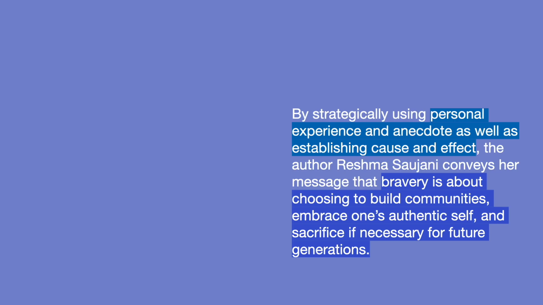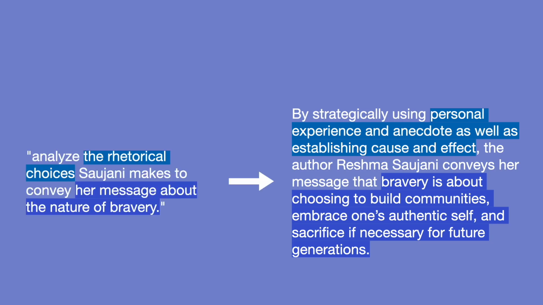That's it. One sentence, bare minimum. The prompt asked me to analyze the rhetorical choices Sajani makes to convey her message about the nature of bravery. So I give them 3 specific rhetorical choices, the specific message about bravery. Thesis point secure.